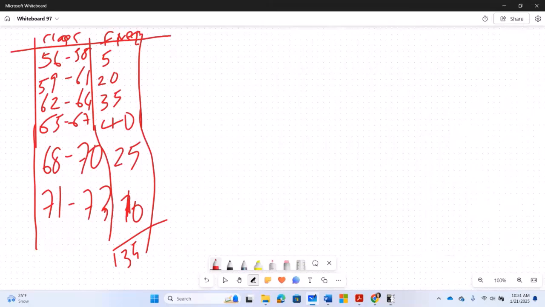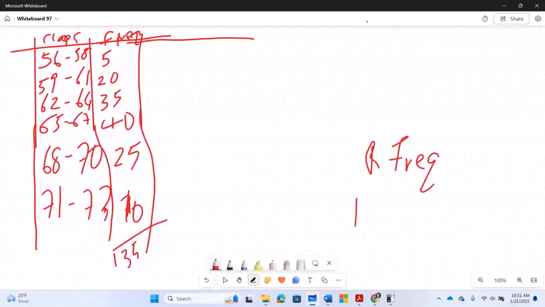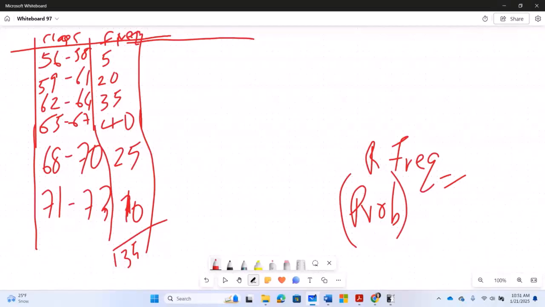Now I am going to create a column for relative frequency. Relative frequency is the same as probability, because they asked us what is the probability. It is the frequency of the class over the total.